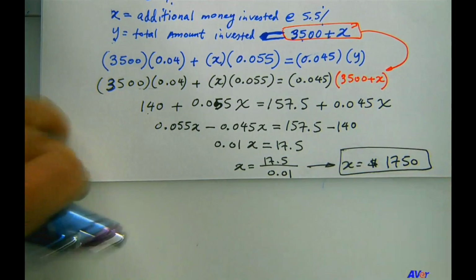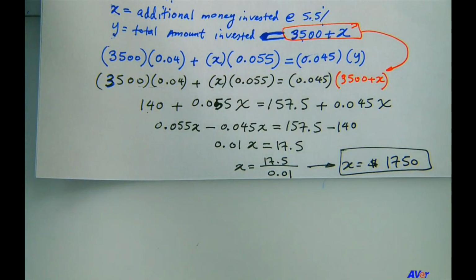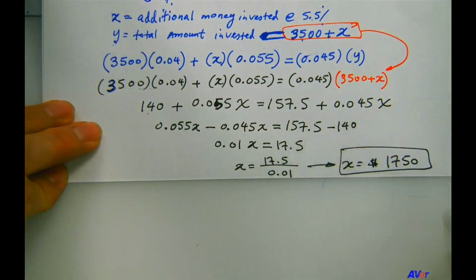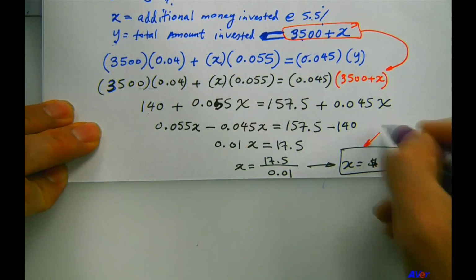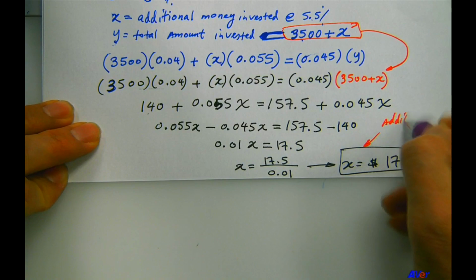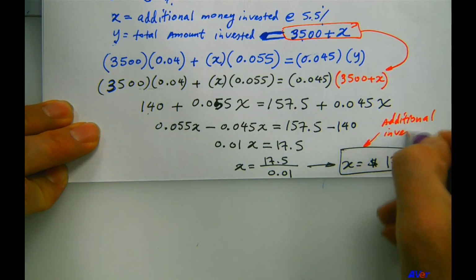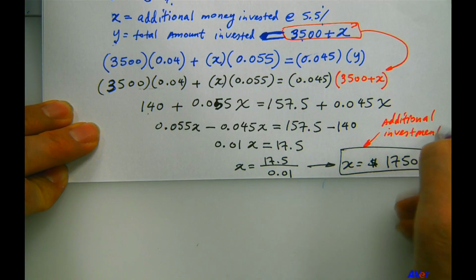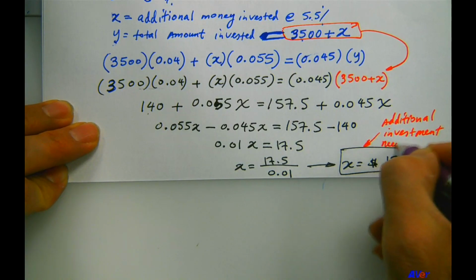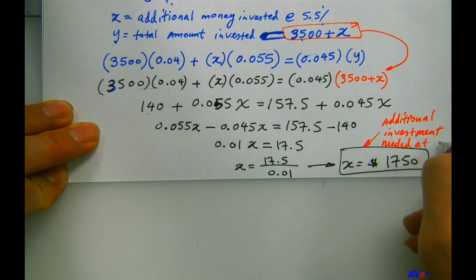So this is the additional money needed at 5.5%. So additional investment needed at 5.5%.